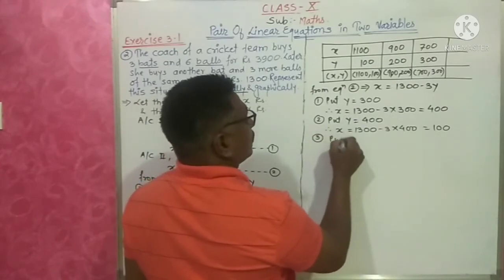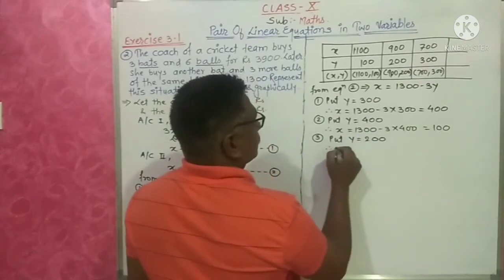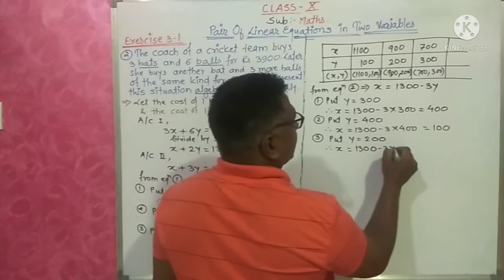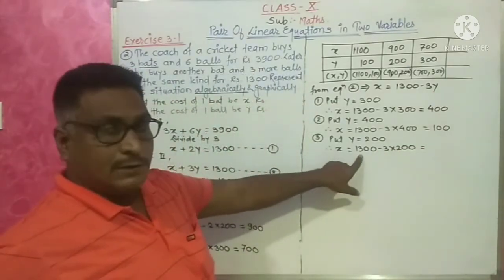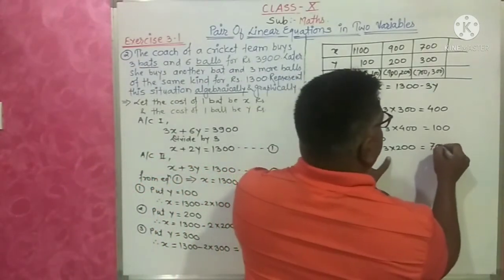Third, put y equals 200. x equals 1300 minus 3 into 200, which is 1300 minus 600, that is 700.